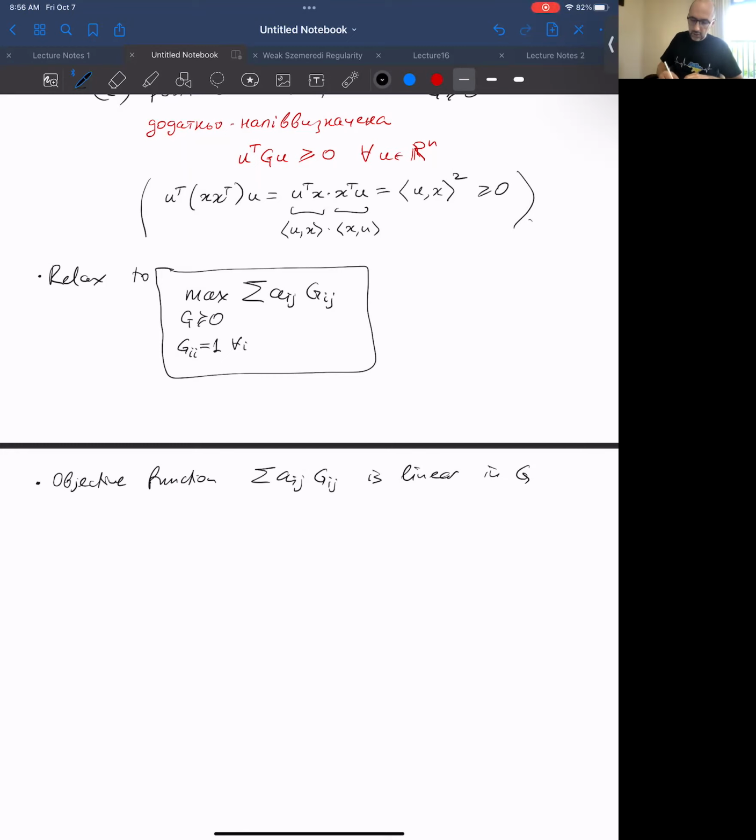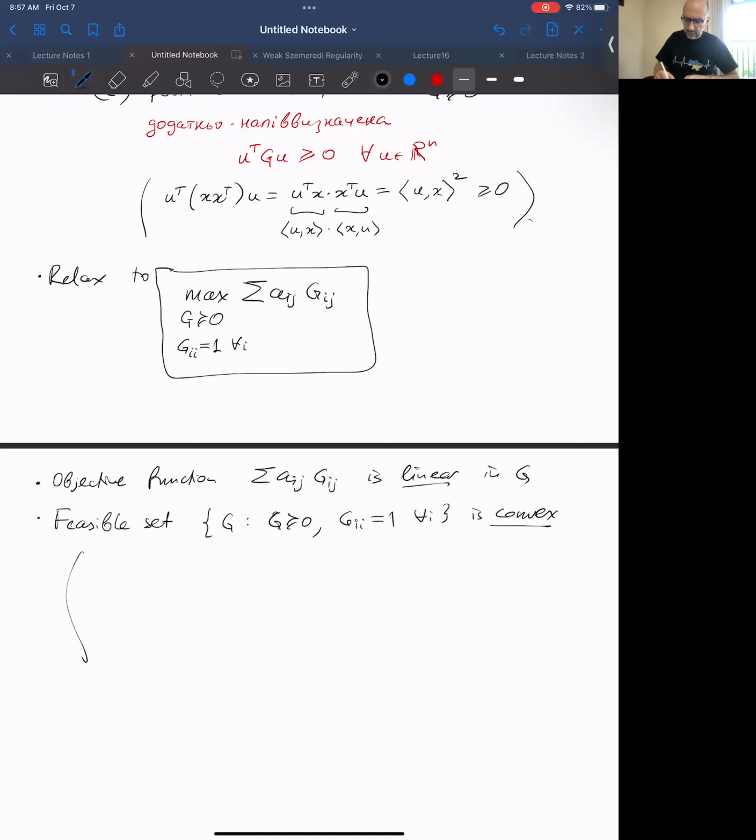Linear in G. And the feasible set, the set over which we maximize, the set of all matrices that are positive semi-definite and have ones on the diagonal, is convex. Okay, this we need a little bit to start to think about.